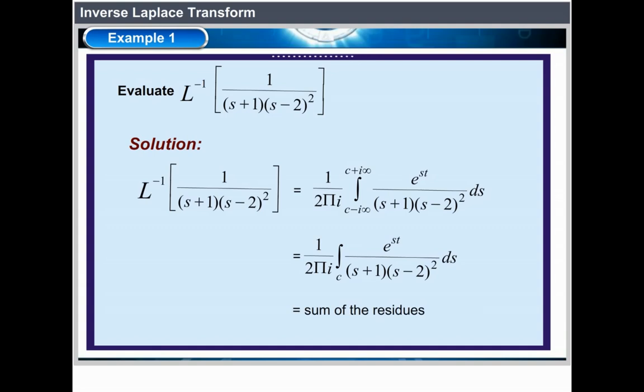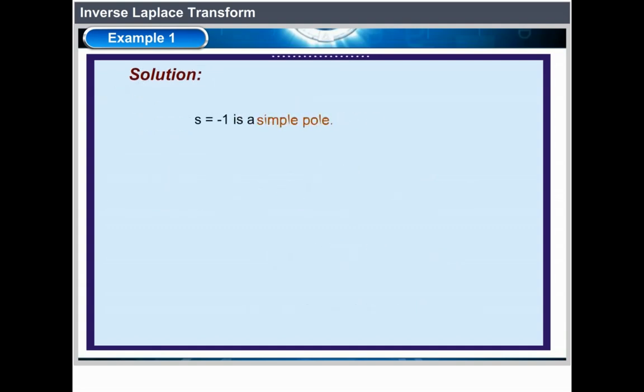Call this equation number 1. s equals minus 1 is a simple pole. s equals 2 is a pole of order 2.